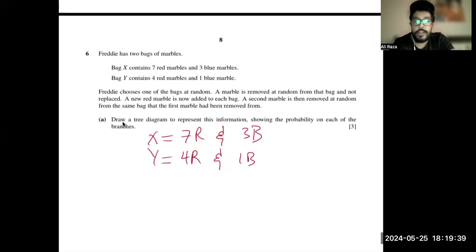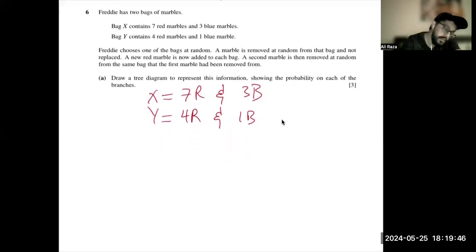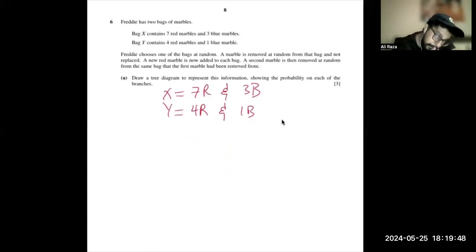We need to draw a tree diagram to represent this information, showing the probability on each of the branches.